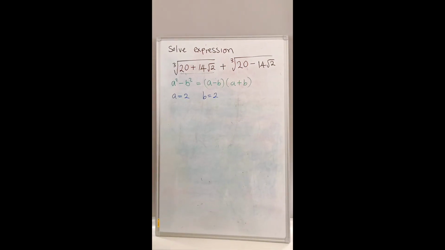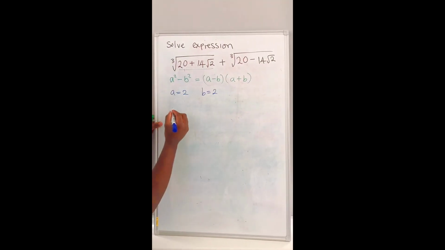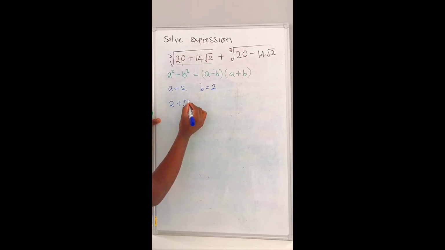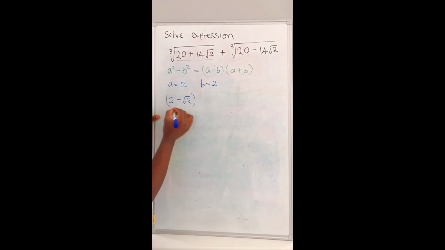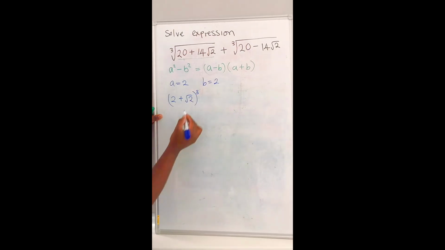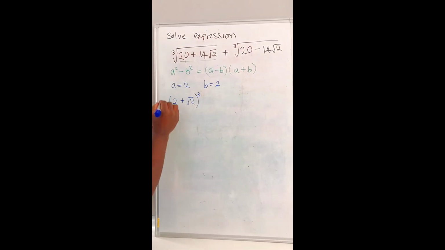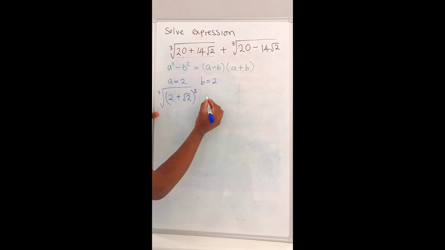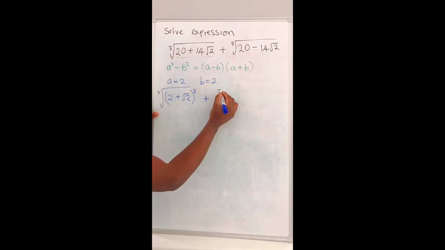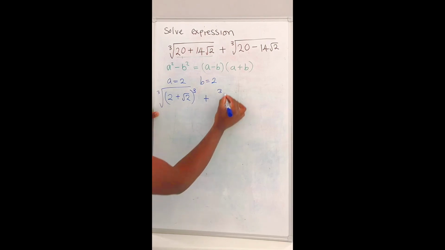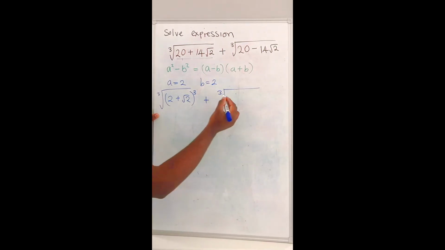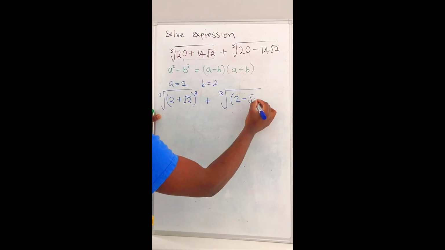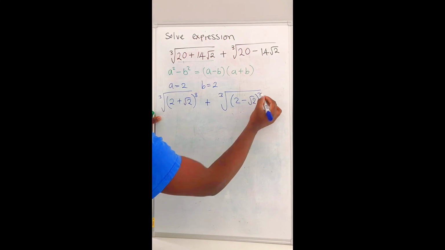So we'll write this equation as 2 plus square root of 2, this you put a cubed, or else you also put cubic root. Plus, again, also the other side, 3 cubic root of 2 minus root of 2 cubed.